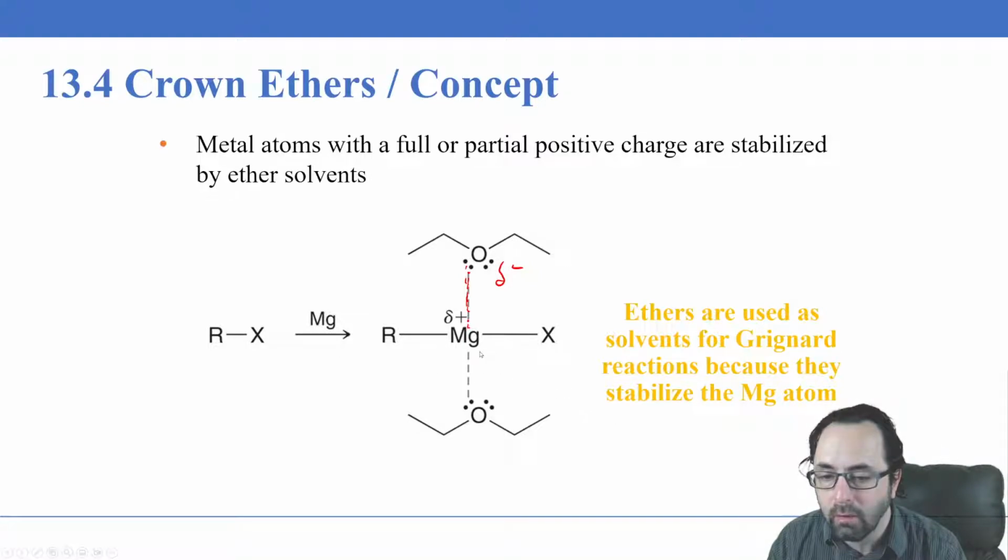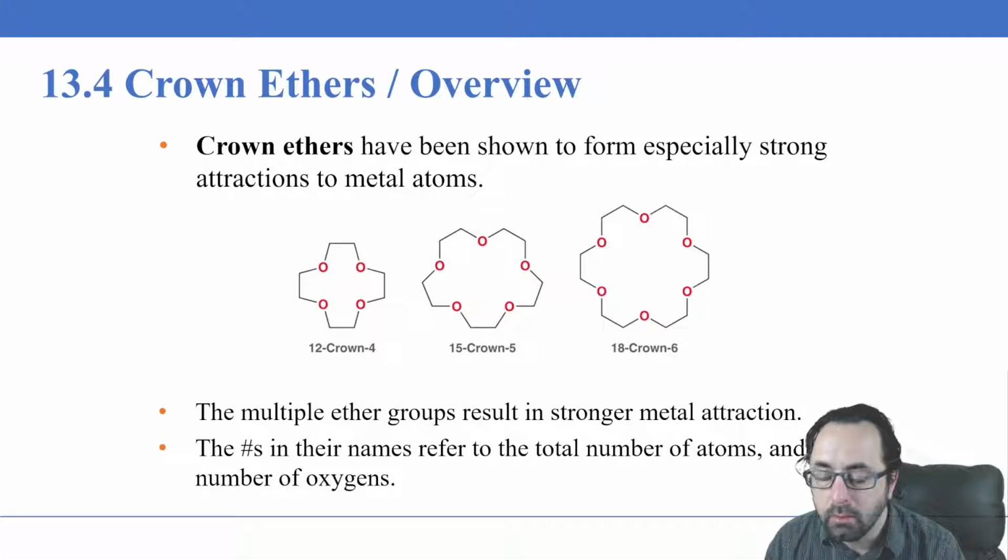So ethers are great for stabilizing the Grignard reagent and making sure it doesn't react before we go and do our Grignard reaction. It's highly reactive with molecules like water, with protic things like water. For that reason, ethers are used to stabilize metal ions that are used for organic reactions.